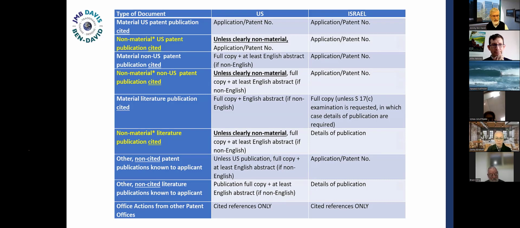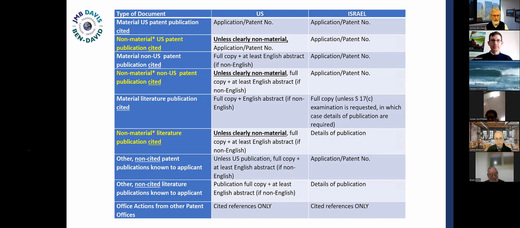That's a column which talks about a type of document. For every other type of document, you'll see that in Israel, the requirements are either the same or less than in the US. What I mean by less is that sometimes in the US you need to file a complete document copy, particularly for a non-US patent publication.